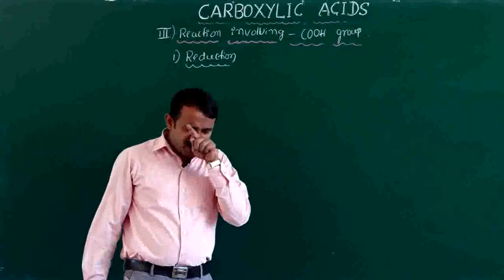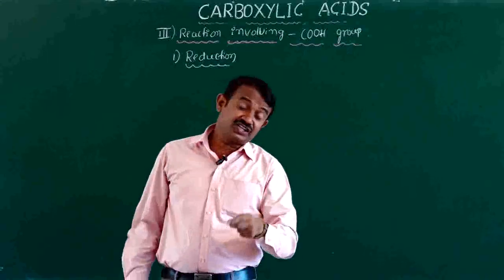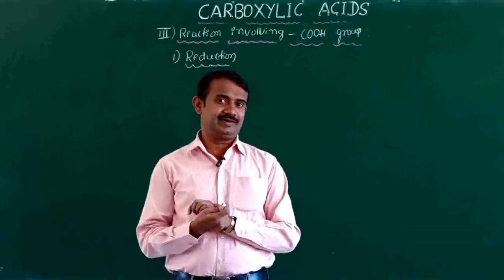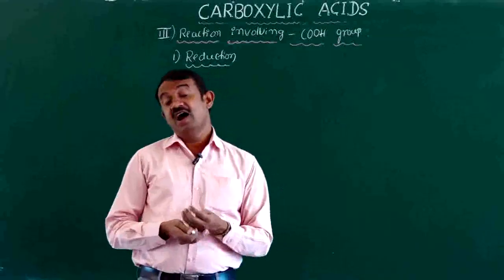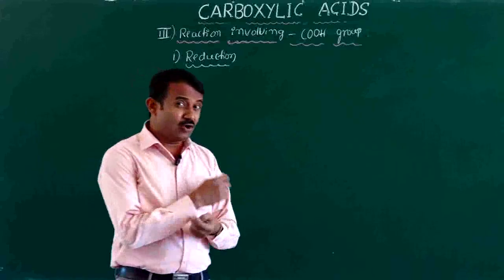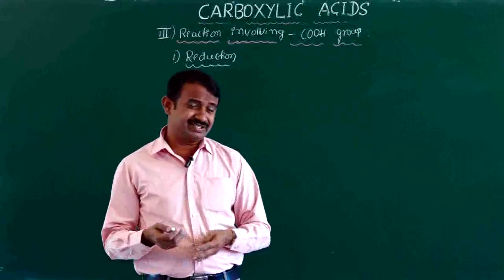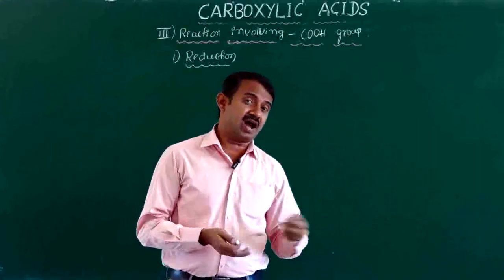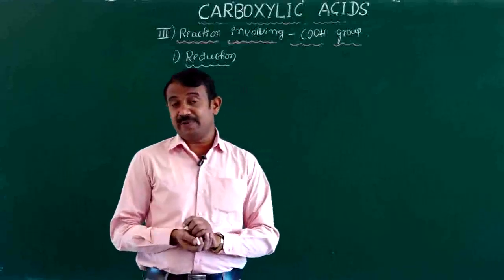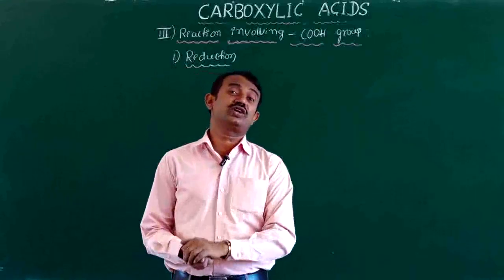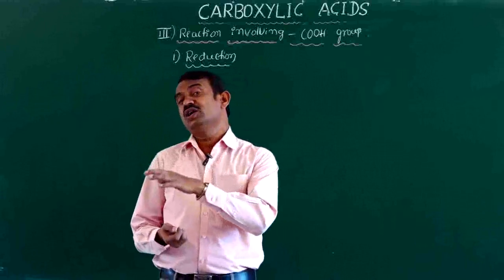A monocarboxylic acid is reduced with a strong reducing agent, lithium aluminum hydride or diborane, which are good reducing agents, and the carboxylic acid gives a primary alcohol. Sometimes the carboxylic acid does not get reduced with sodium borohydride, which is a selective reducing agent.